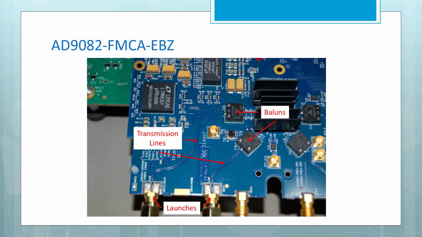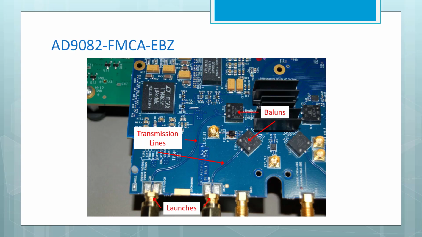If we zoom in and look at the eval board closer, you can see the chip underneath that heat sink in the top right of the picture there. First thing that happens to the signals in or out of the chip is they go through baluns. That's because inside the chip it's all done differential RF, but typically out on a PC board we're doing unbalanced connections, and so we have baluns that convert from unbalanced to balanced and back.